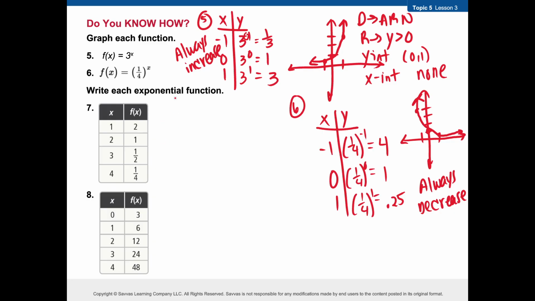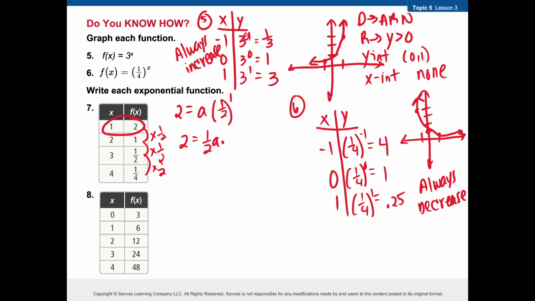For number 7, write an exponential function. This looks like it's going down by a half. If I want to find a, I'm going to use (1, 2). So 2 equals a times b, which is 1/2 to the first power. 1/2 to the first power is 1/2, times a is 1/2 a.